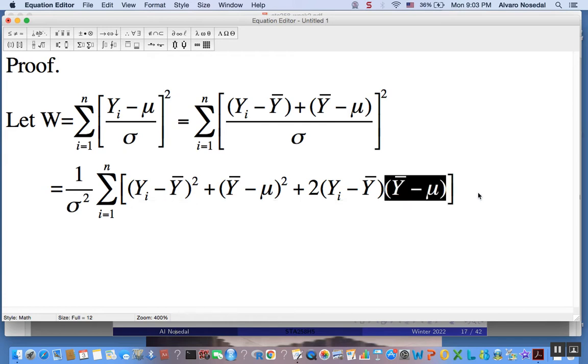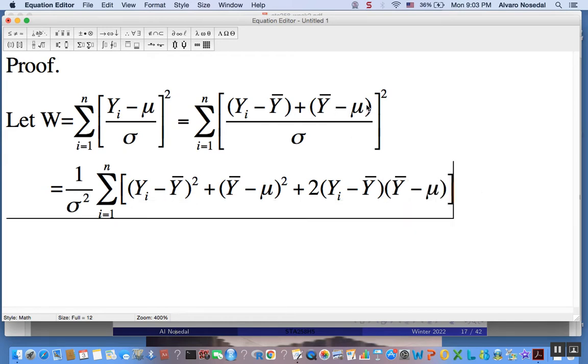Agreed? Again, we're just expanding this, just doing a little bit of algebra. The square of that fraction is just the numerator squared, which is this, divided by the denominator squared, which is 1 over sigma squared, and we factored out that guy.